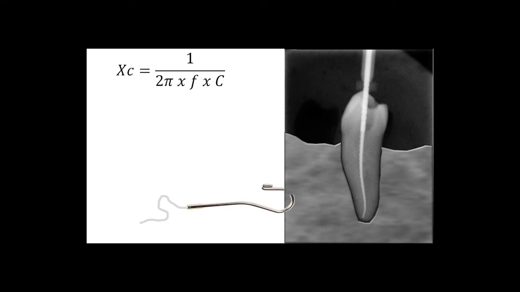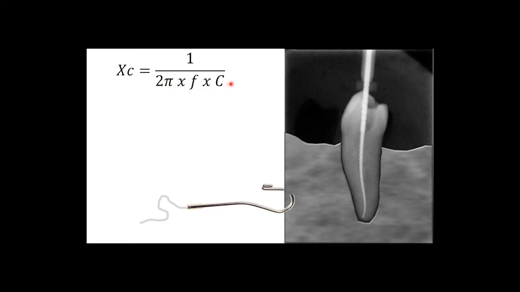Returning to one of the equations listed in the article, X subscript C, which is capacitive reactance, equals 1 over 2 pi times the frequency times capacitance. Important to all of the understanding that we're going to go through for the rest of this video is that both frequency and capacitance are found in the denominator.